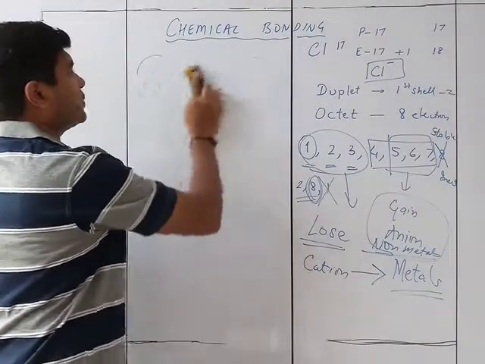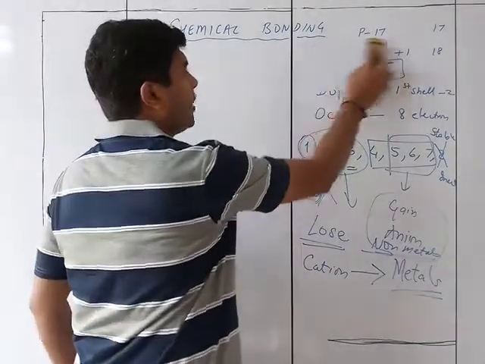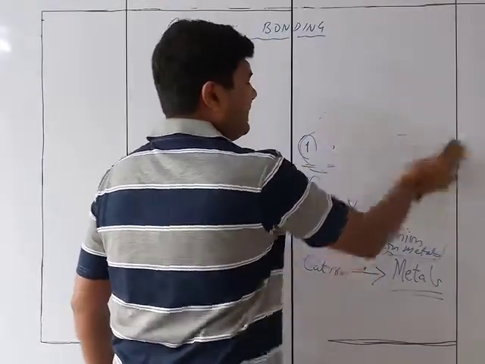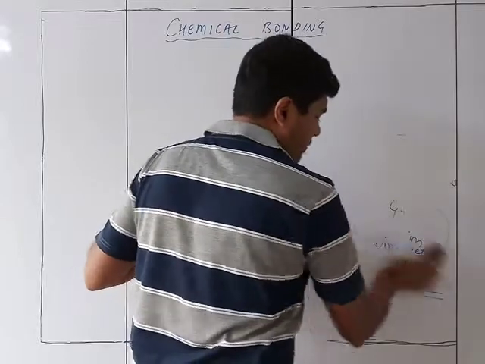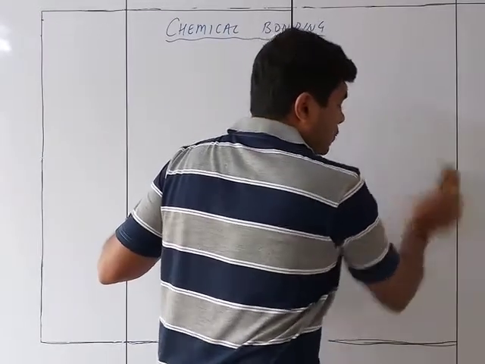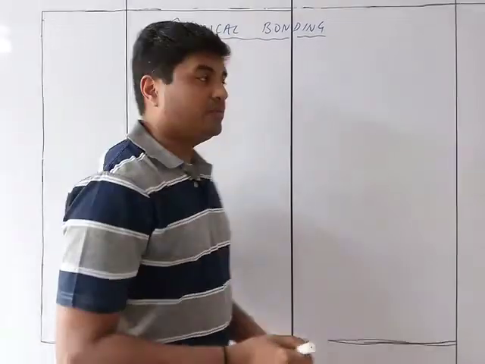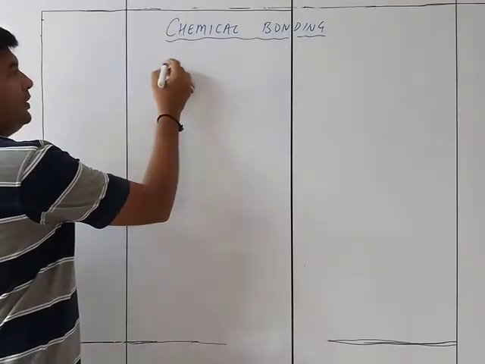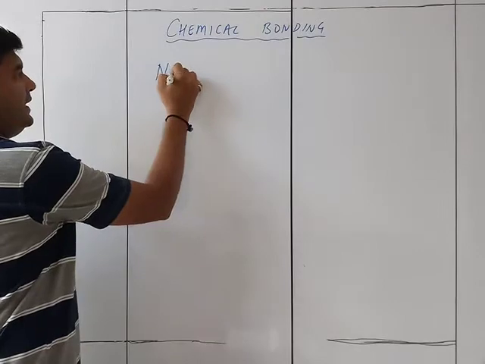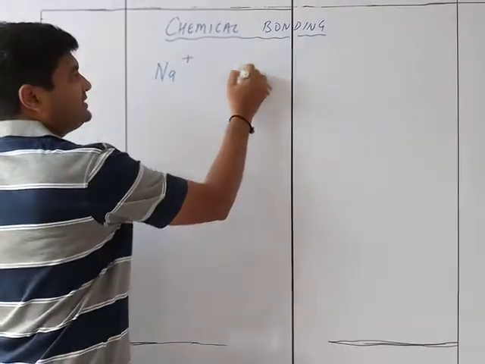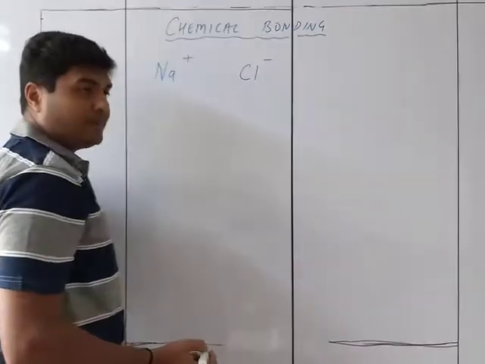These molecules are of 2 kinds, in fact more than that, but mainly 2 kinds. Firstly, for example, if it is Na and it has already lost an electron, it becomes Na plus, and Cl has gained an electron, it becomes Cl minus.